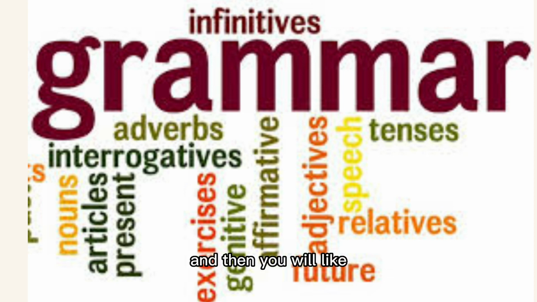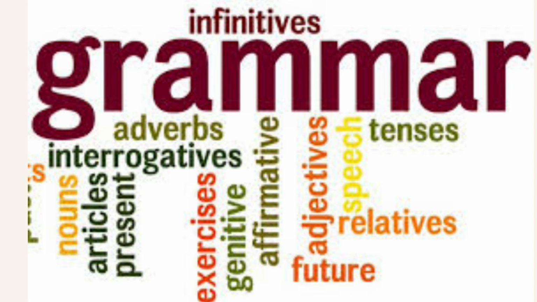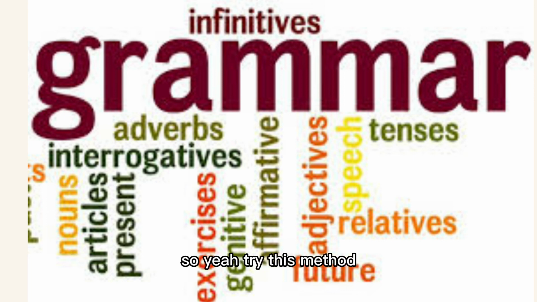Then you will have more than 50% of an understanding of the topic, and it is somehow much more fun than just reading long written theory. It is so boring. So yeah, try this method.